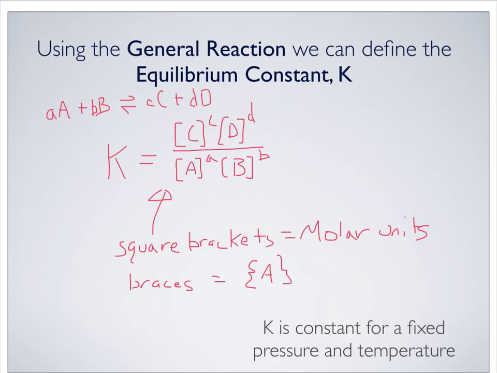But under many conditions that we're going to see, we're going to make the approximation that the concentration of A is the same thing as the activity of A. So the concentration is equal to the activity. But in some cases, that's not going to be true, and we'll see that as we go through our lessons.